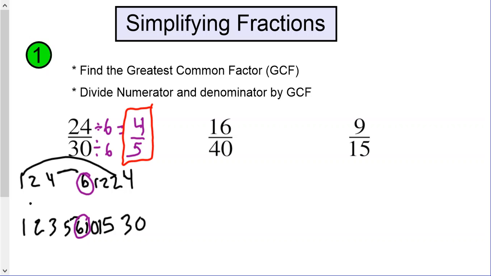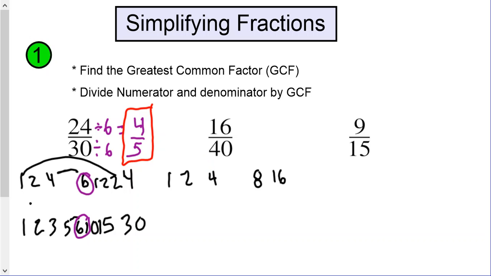Now, next one here, 16 and 40, we're going to do the same process, doing the factors. So we got 1 and 16, we got 2 and 8, 3 doesn't work, then we got 4 and 4. So this would be the middle one right here.